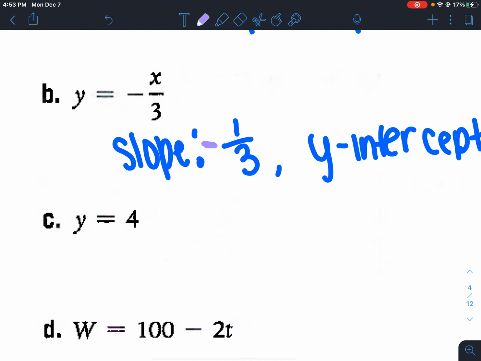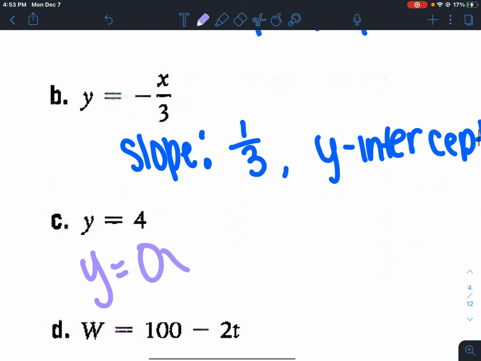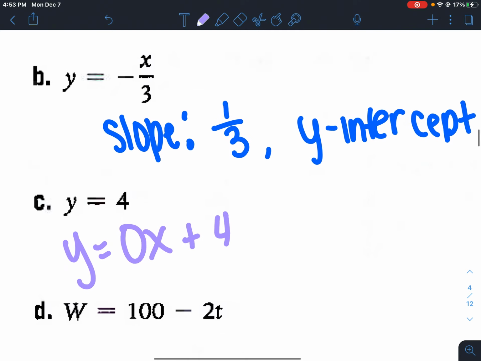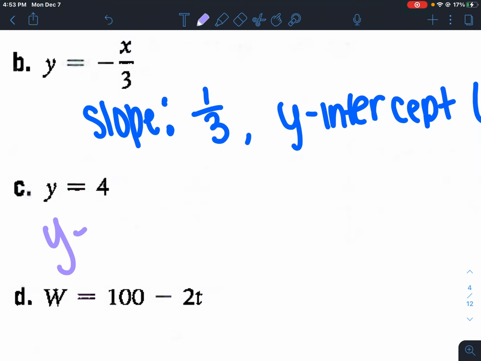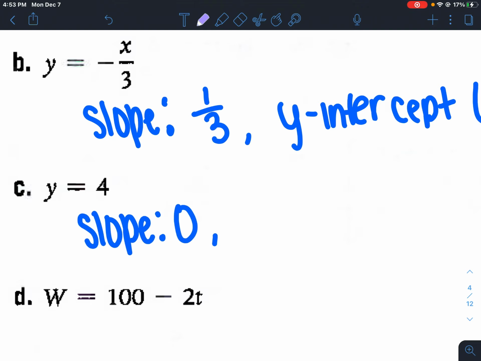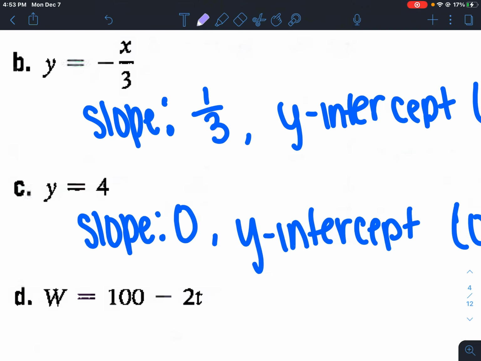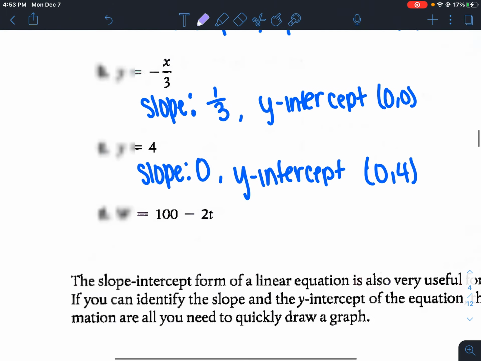Okay, so even though it erased, make sure that you do put in that negative 1/3. The answer key is also wrong, so take note of that. Next one, there is no x value listed here, so it would be like saying y equals 0x plus 4. So my slope will be 0, and my y-intercept will be 0, 4.